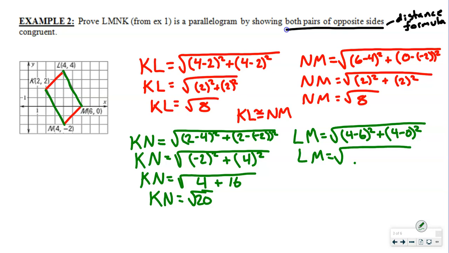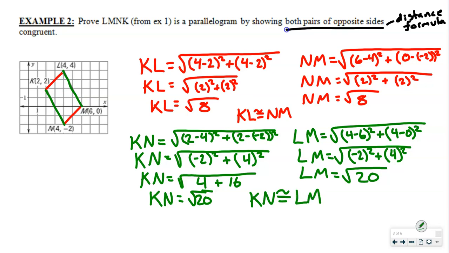So 4 minus 6 is negative 2, so we've got negative 2 squared, and 4 minus 0 is just 4, and that is squared. So LM also equals the square root of 20. So KN is congruent to LM.